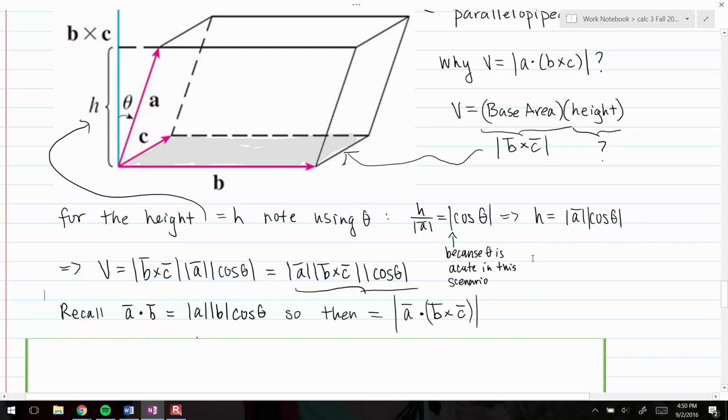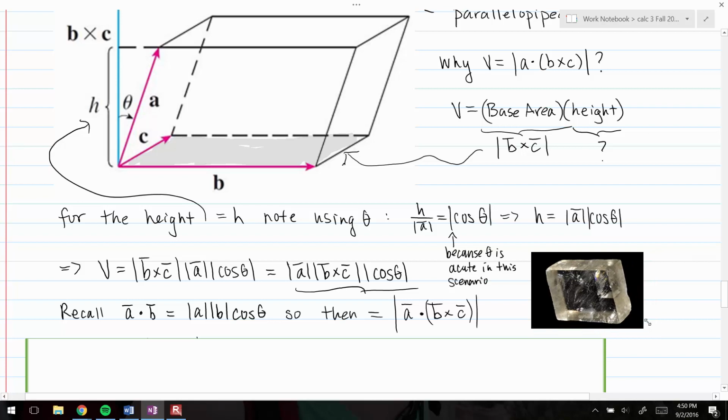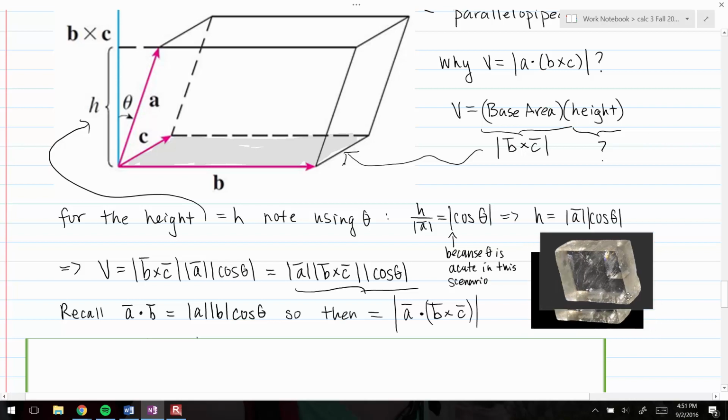Before I get too far here, I'm going to paste in this image. This is a mineral called calcite, and this is, I believe, one of the crystal forms that it can crystallize in. I come from a geology background, so when I see that parallelepiped, I think of calcite.